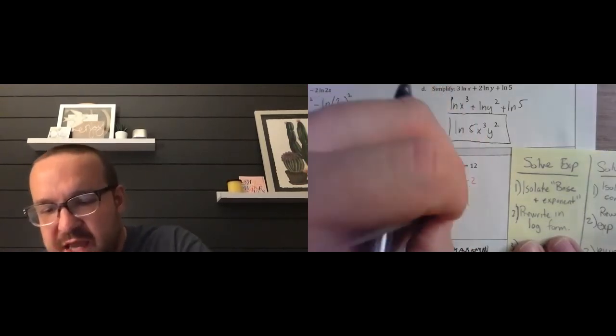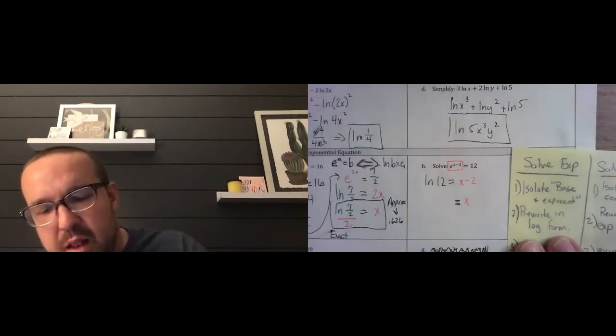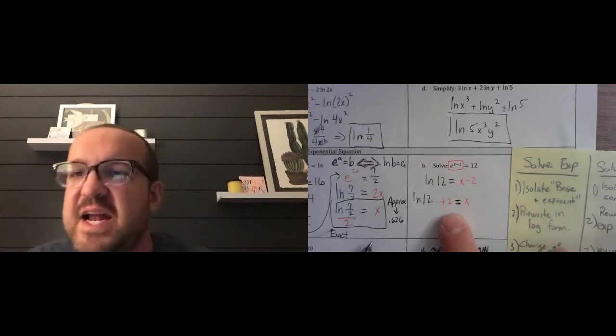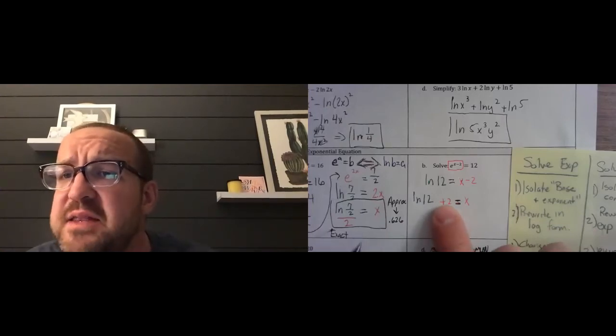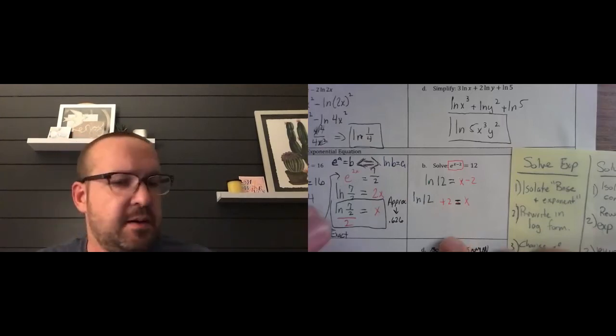In order to get x by itself, I have to add 2 on the other side. Now remember, notice that the 2 does not have a natural log with it. I don't need to multiply these numbers here.